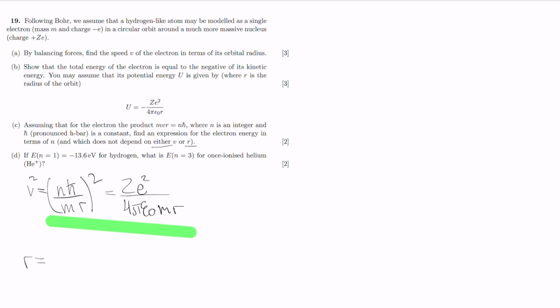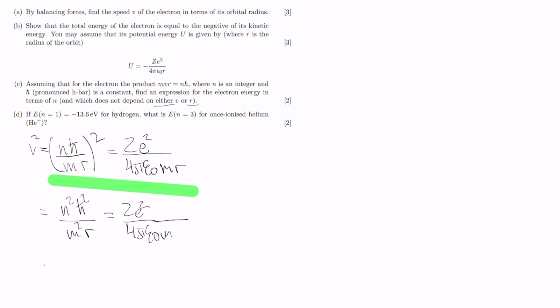So let's do a little bit of rearranging. For r, well, let's take this in steps, make sure that we don't make a mistake. So this here will be given by n squared h bar squared over m. I'm going to write a factor of r because that will have cancelled out one of the r's on the other side. So this here will be equal to Ze squared over 4 pi epsilon naught m, and then this r here will have cancelled out with the square before, so I can just get rid of it like that.